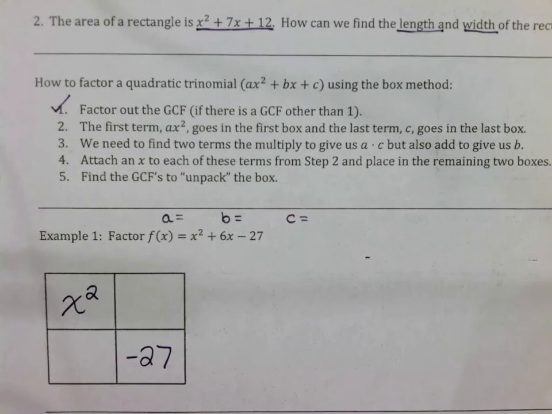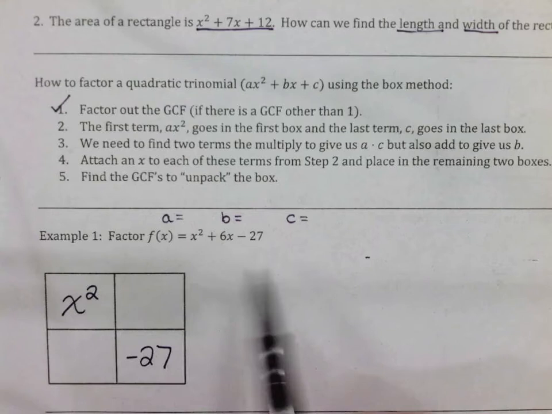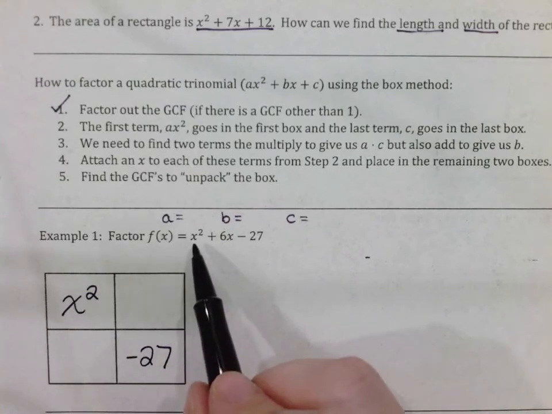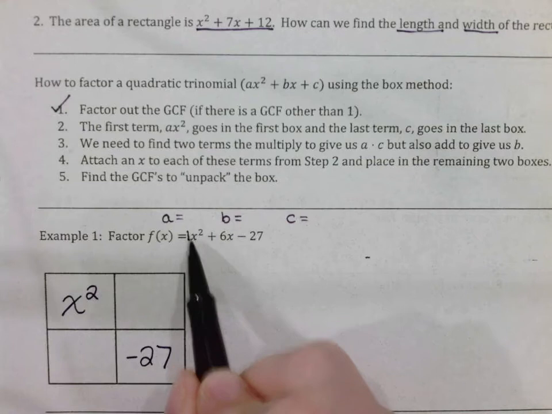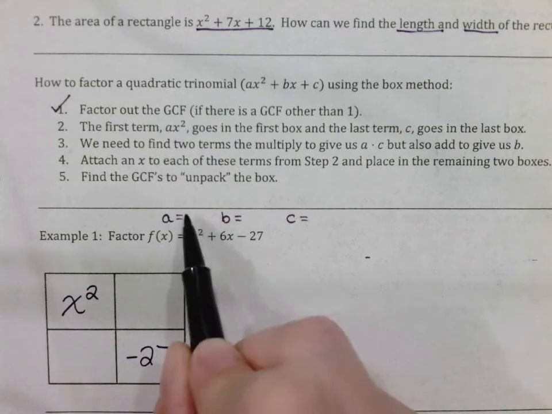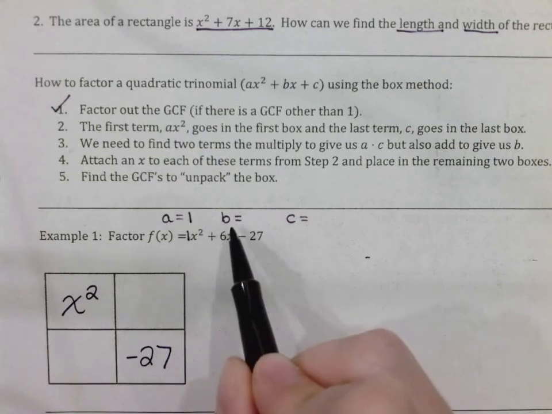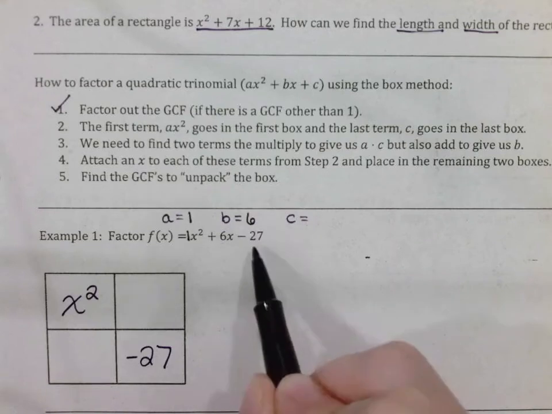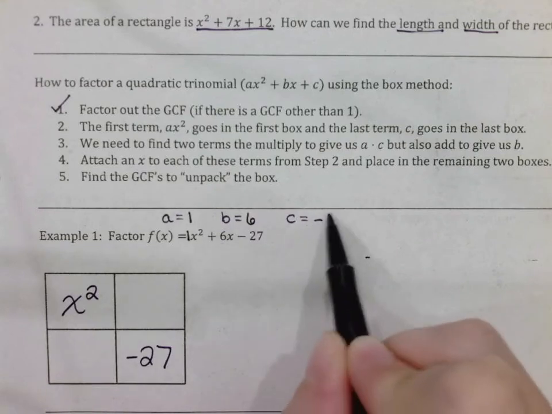And you may have heard of this before. We talk about A, B, and C when we work with quadratics. A is always in front of our x squared value. In this case, even though we don't see anything, we know it's really a 1. B is always in front of the x value, so that's 6. And C is our constant, so that's negative 27.